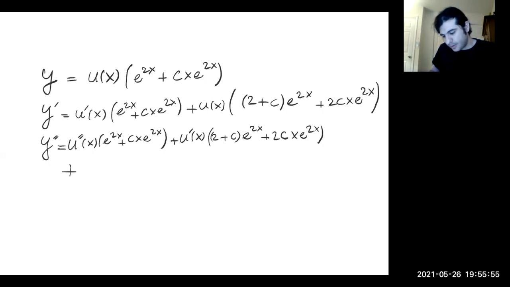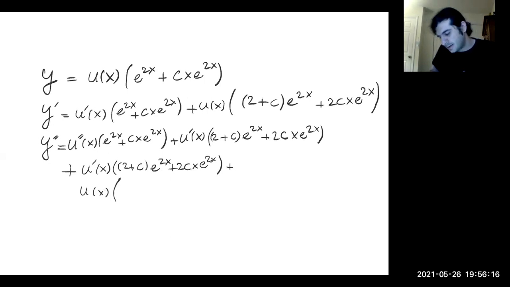Plus u prime of x times exactly the same thing we had before: (2 plus c) e to the 2x plus 2c x e to the 2x. Plus u(x) times the derivative of what we have in the parentheses.